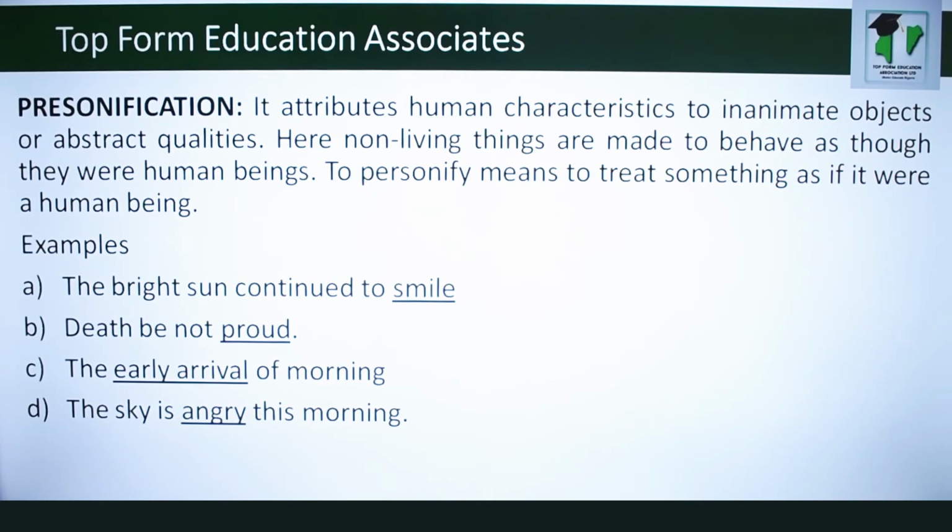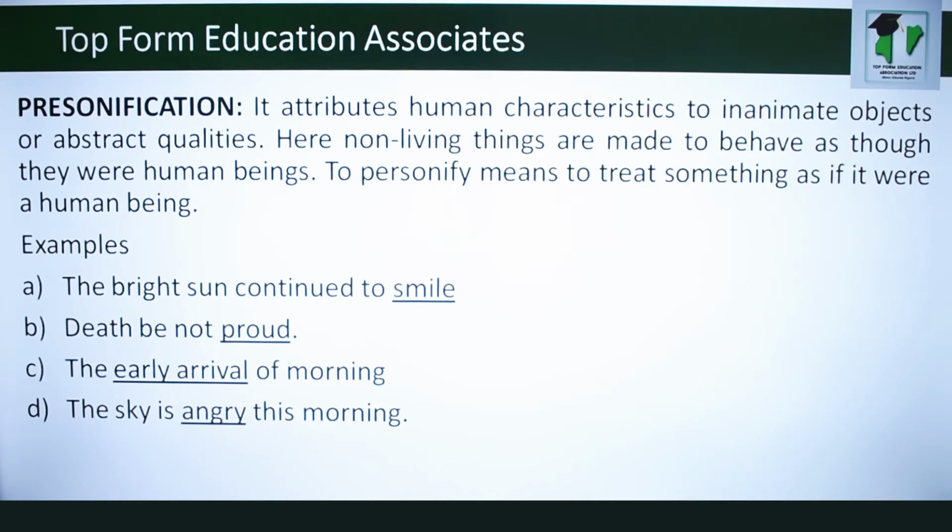It's not a human being that will have a mouth to smile or a face. But you can see in the expression, the bright sun continues to smile, a deeper message to convey other than the literal meaning you are seeing, whereby the sun has the attributes of a human being that could smile. Are we there?